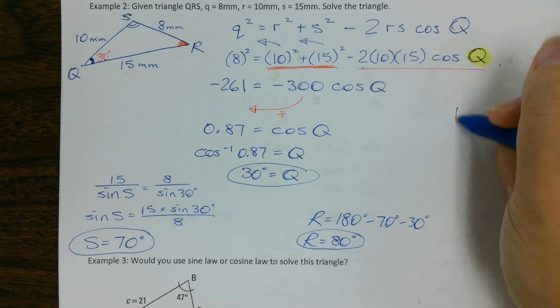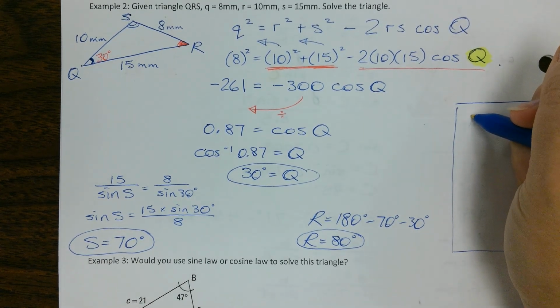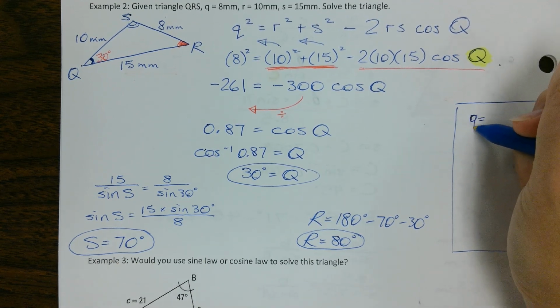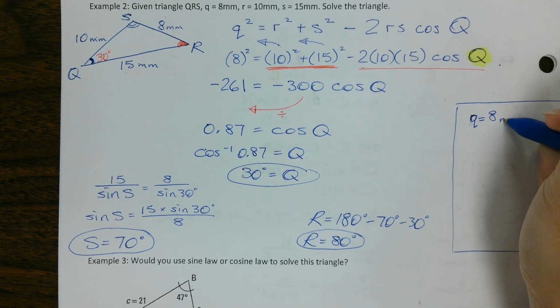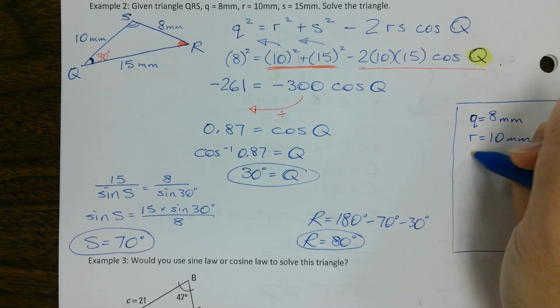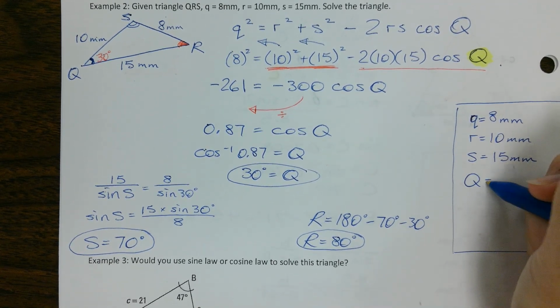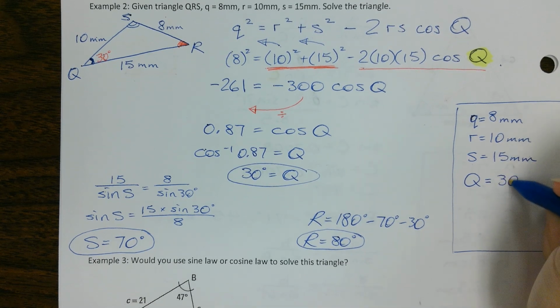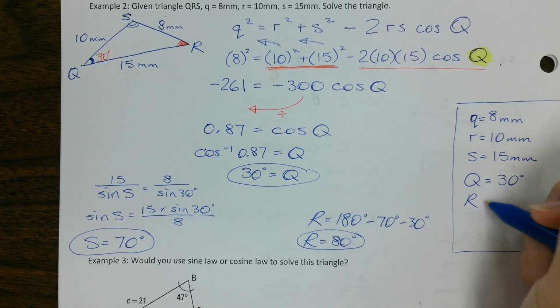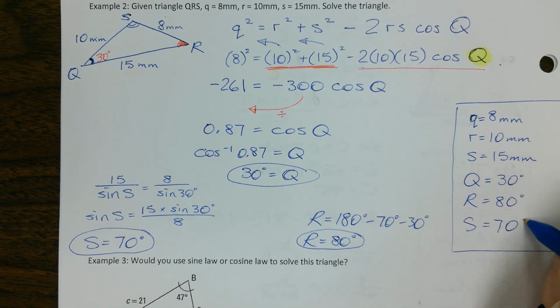Okay, don't forget, your teachers love to see this box. So length Q is 8 mm, R is 10 mm, S is 15 mm, angle Q is 30 degrees, R is 80 degrees, and S is 70 degrees.